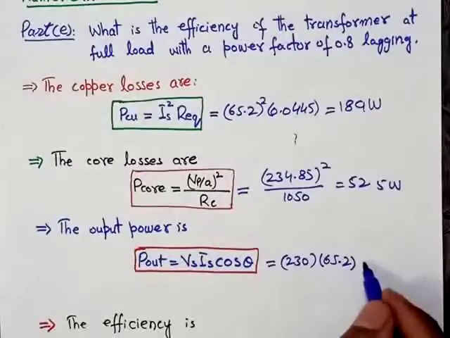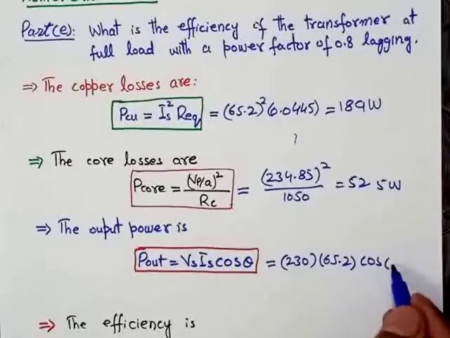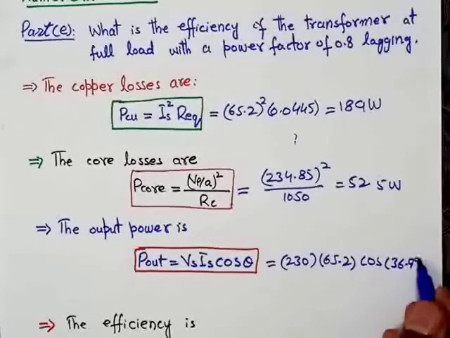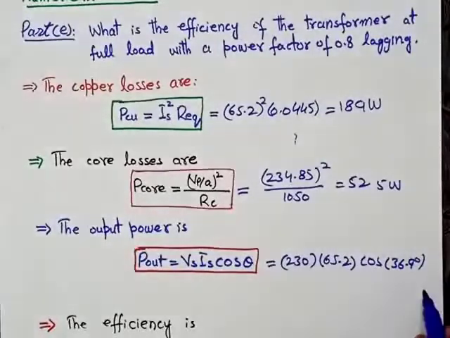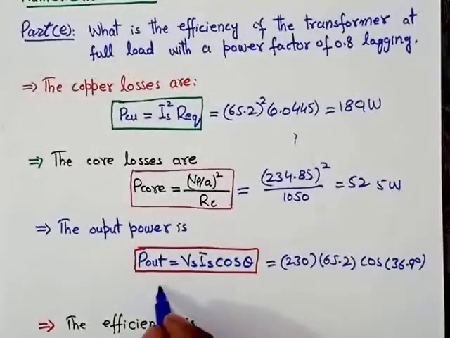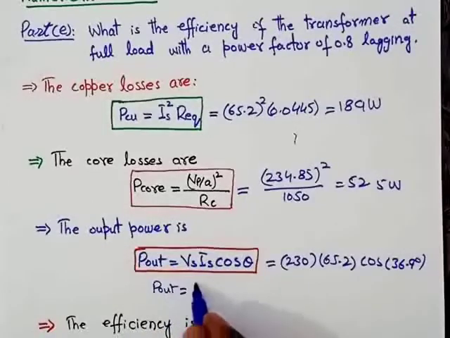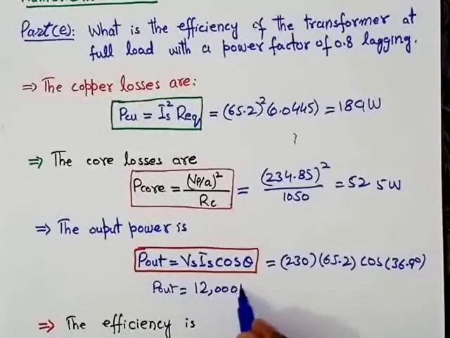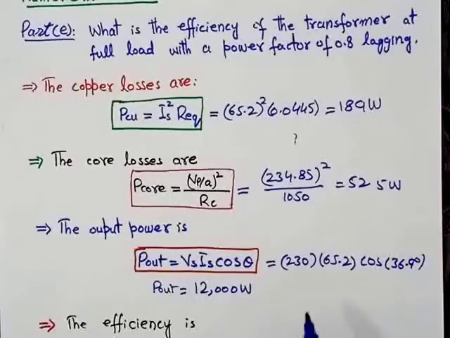It means theta will be 36.9, or simply cos theta is equal to 0.8. Cos 36.9 means 0.8, that is 0.8 power factor lagging. After solving this, the output power is equal to 12,000 watt. So this is the output power of the given transformer.